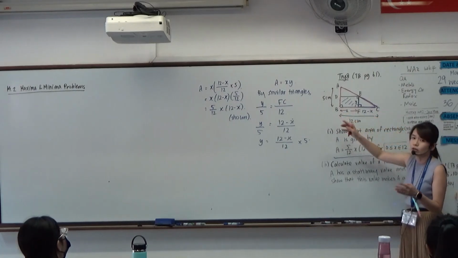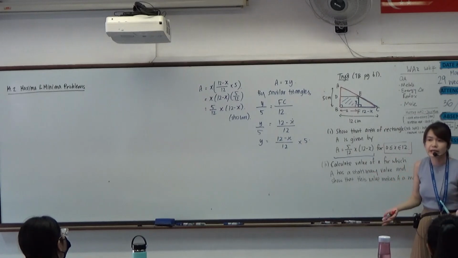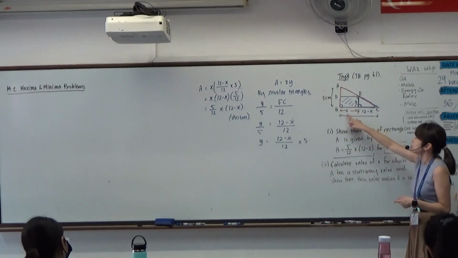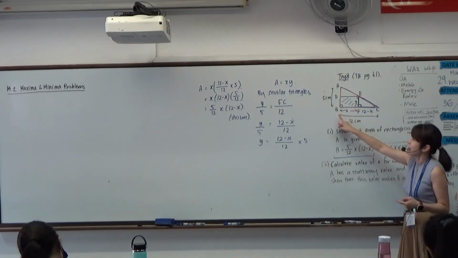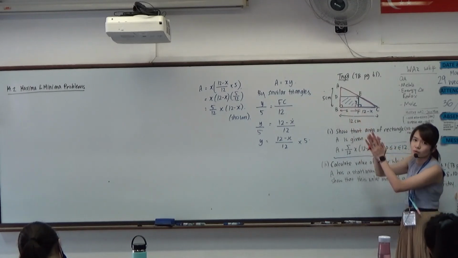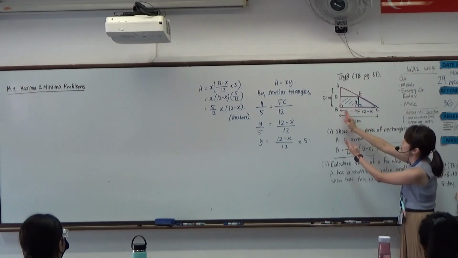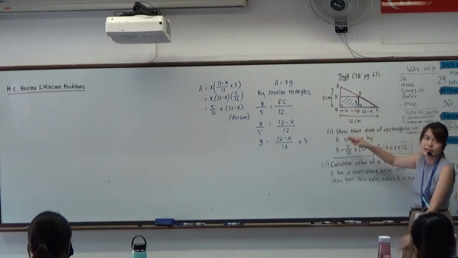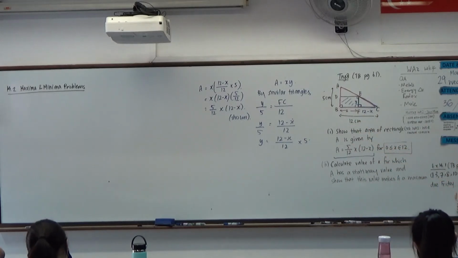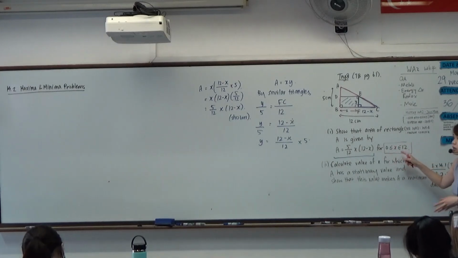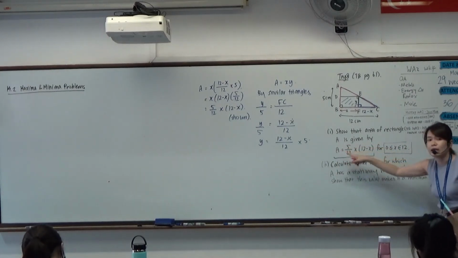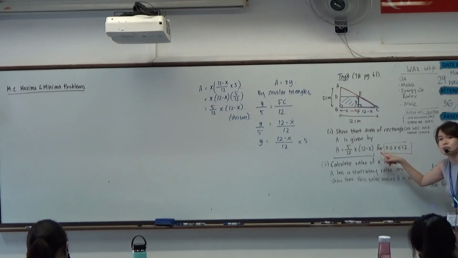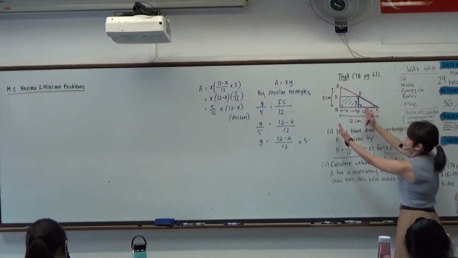The least that it can go to is 0, whereby the triangle doesn't exist at all. So that's why your length x can only range from 0 all the way to 12, because that's the size of the triangle that we're given. That's why they give this kind of inequality. But we need not actually go about stating this inequality. Our objective is to show that A in terms of x will be expressed this way.